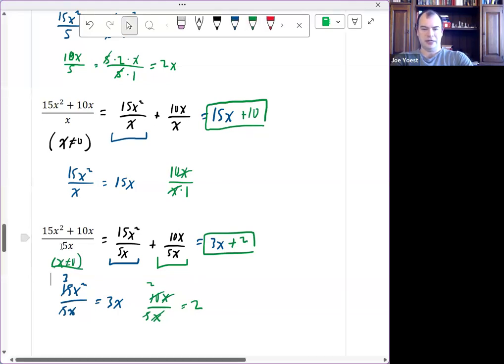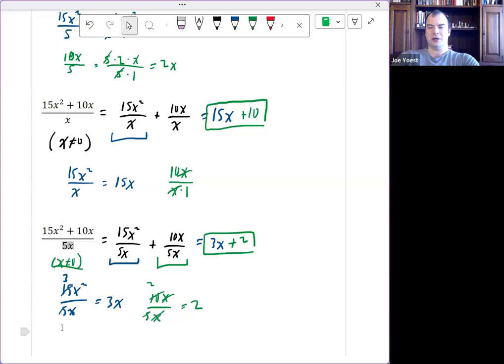As long as it's a monomial down here, as long as we don't have a plus or a minus sign in the denominator, this strategy is going to work.